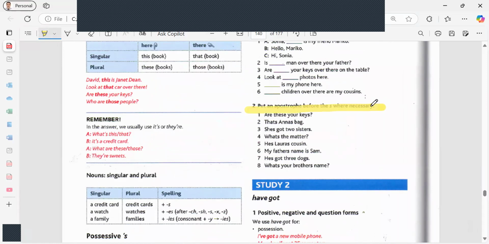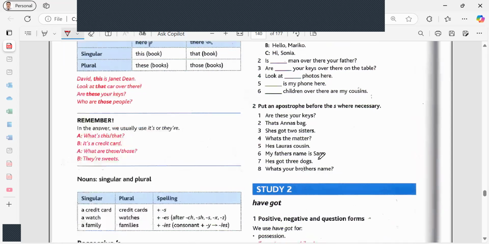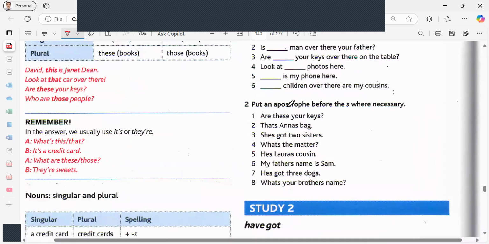Question 2, put apostrophe like this. For example, are these your keys? Should you write apostrophe here or no? No. Why? Because this is plural. Excellent.